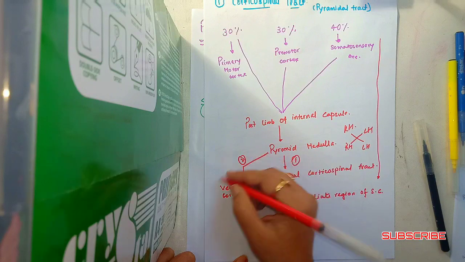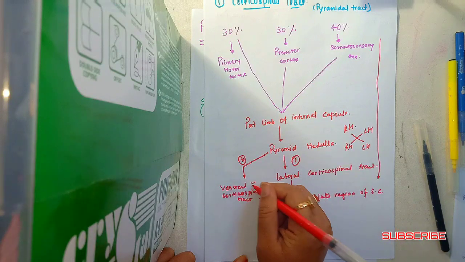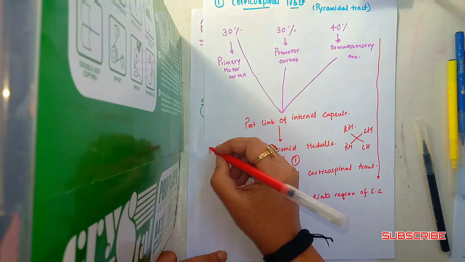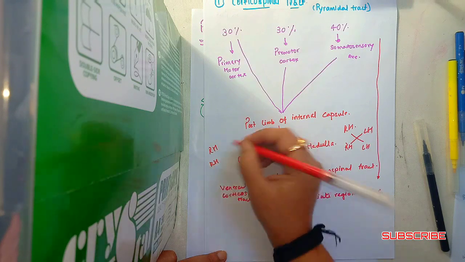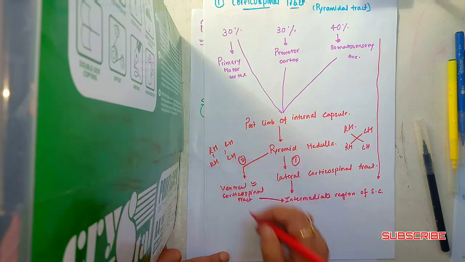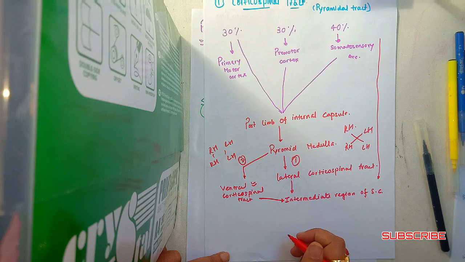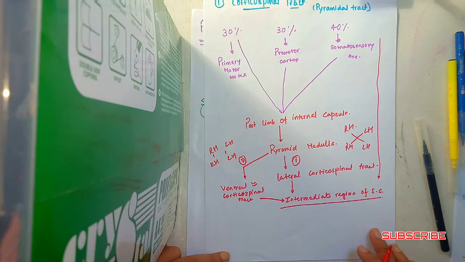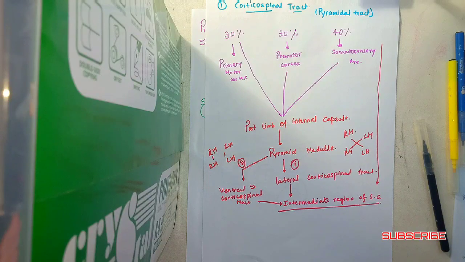Okay, but some fibers go to the ventral corticospinal tract. It means right hand to right hemisphere, left hand to left hemisphere, ipsilaterally, and then it goes to the intermediate region of the spinal cord.